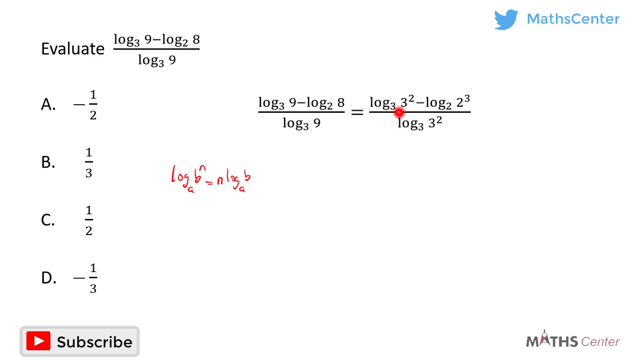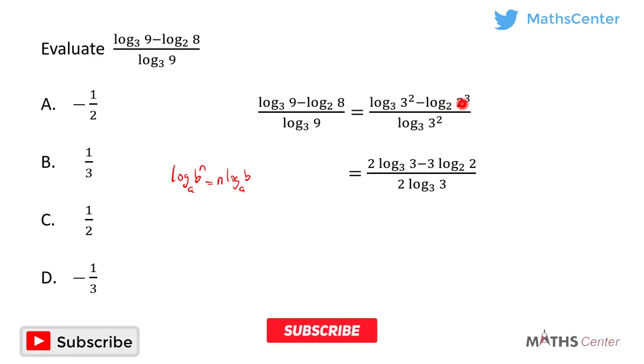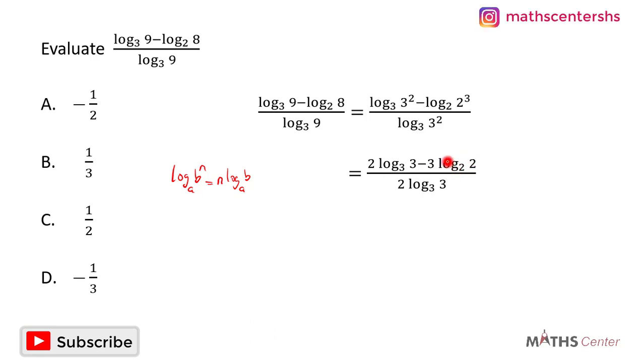So if we apply this here, then log 3 exponent 2 base 3 can be written as 2 log 3 base 3. And in the same way, log 2 exponent 3 base 2 can also be written as 3 log 2 base 2. And log 3 exponent 2 base 3 can be written as 2 log 3 base 3.